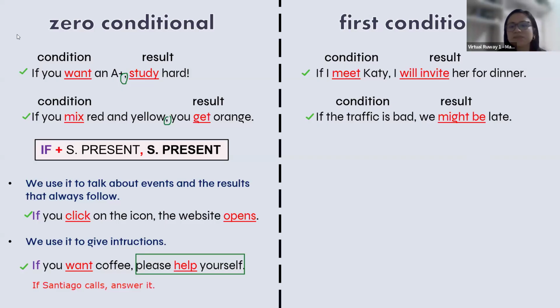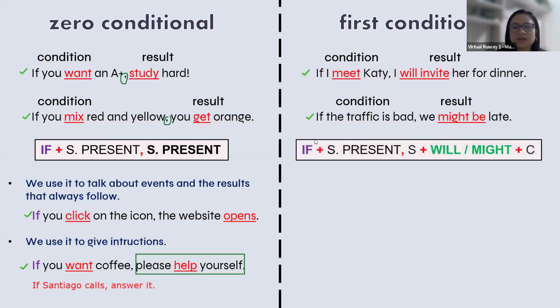Good? So the structure is if plus a simple present. Esa es mi condición, right? Mi condición tiene que tener el if plus simple present. Lo voy a separar del resultado con una coma y mi resultado es en futuro. Puede ser subject plus will plus complement or subject plus might plus complement. Good. Ahí podemos escoger.